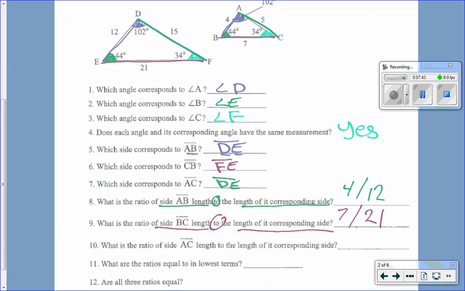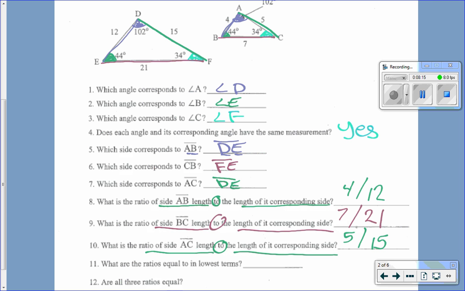See why we highlighted? You're more than welcome on a quiz and a test to have highlighters or any kind of colors to help you highlight the corresponding sides. All right, now let's do the ratio of side AC length to the length of its corresponding side. So what's the length of AC? 5. There we go. And its corresponding side length is 15. Are we good? Okay, and then number 11 says, what are the ratios equal to in lowest terms?